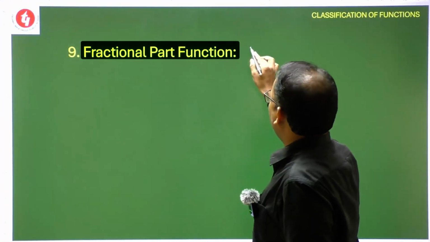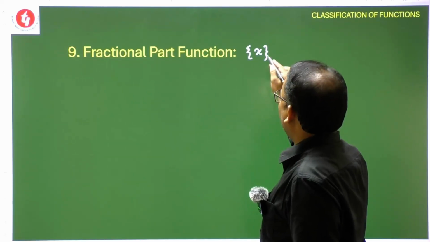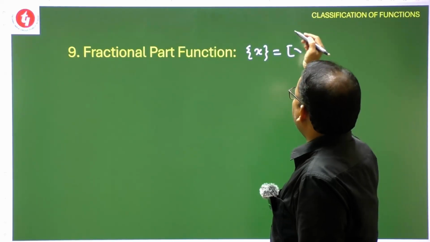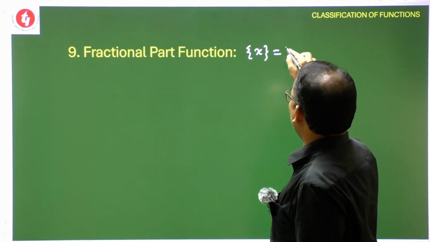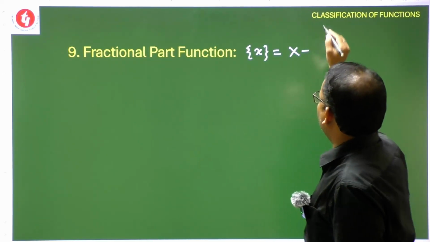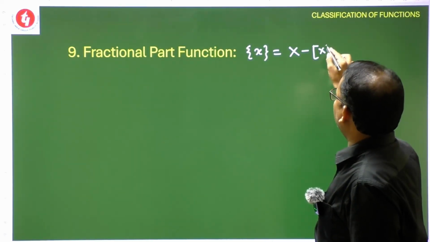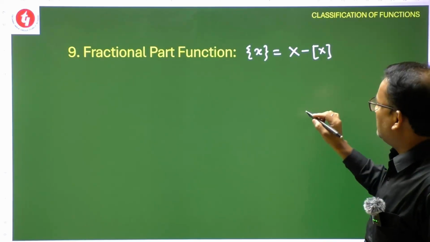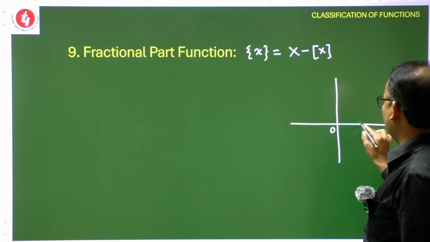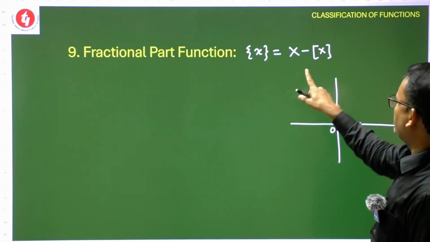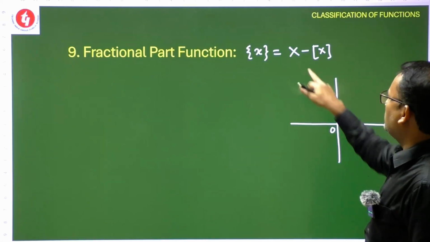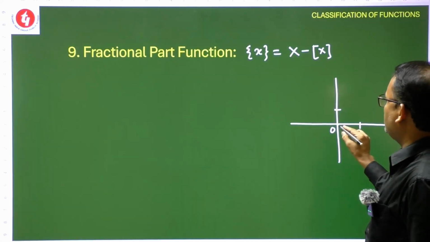The fractional part function is denoted in this way: curly brackets with x inside, which is equal to x minus box of x. Now if you draw the graph of this function, suppose from 0 to 1: if you take 0, you get 0 minus box of 0, which is 0.